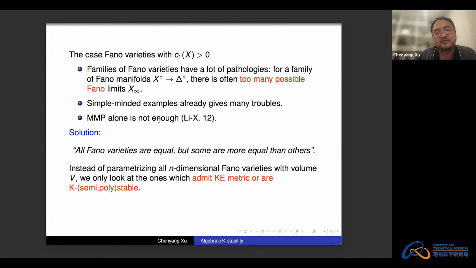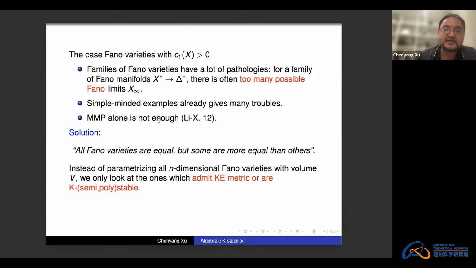I mean, in 2012, Chi Li and I proved that there is always some kind of good limit inside the minimal model program theory. More precisely, just using the minimal model program itself, nothing else, you can always get a KLT Fano variety limit. But the problem is there are often too many. It's not unique. So this is not the right way, the MMP itself.